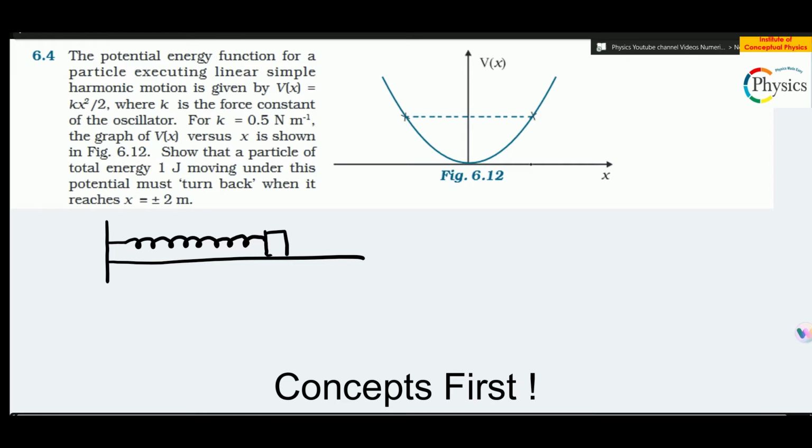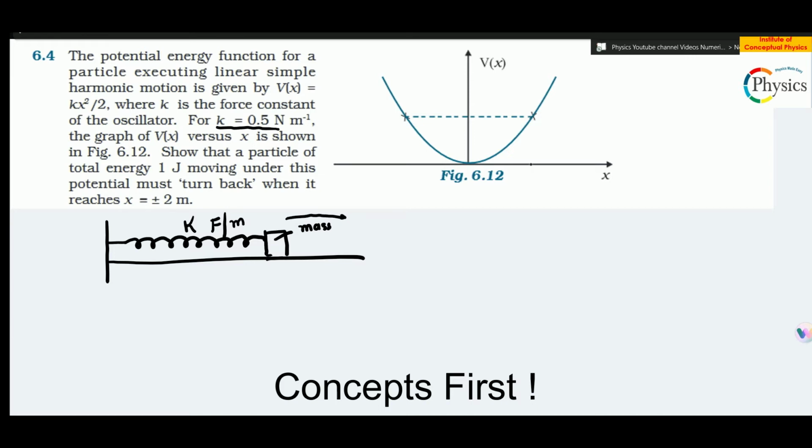The mass is connected to a spring with a spring constant of K, which is given in the numerical. Spring constant means the restoring force per unit meter which gets generated when the spring is either pulled or compressed.